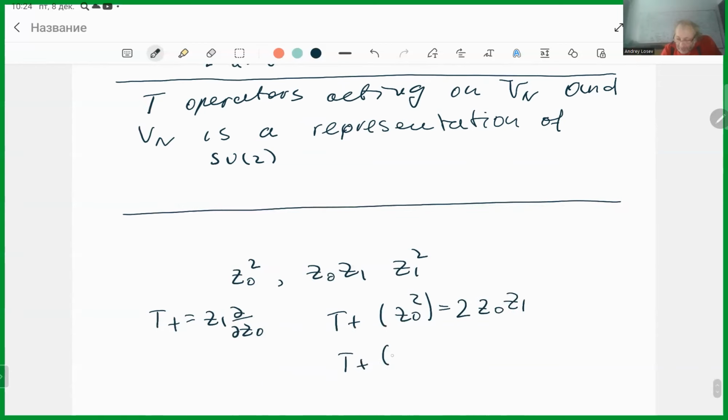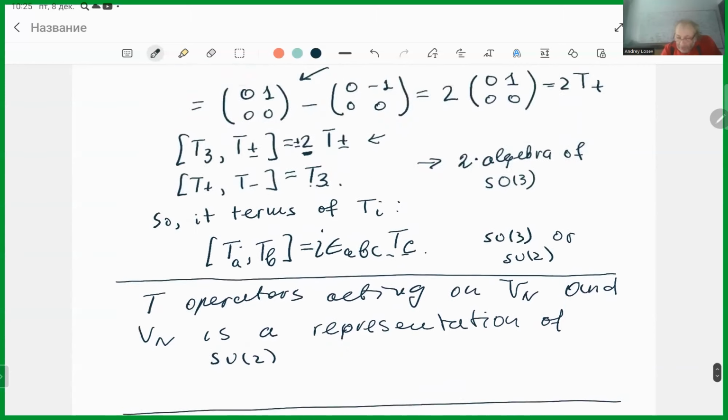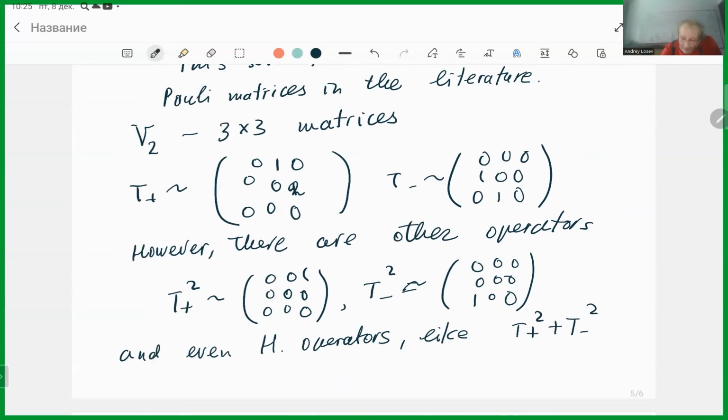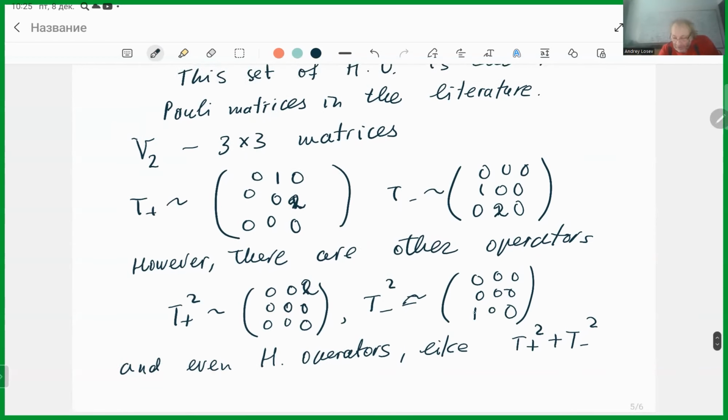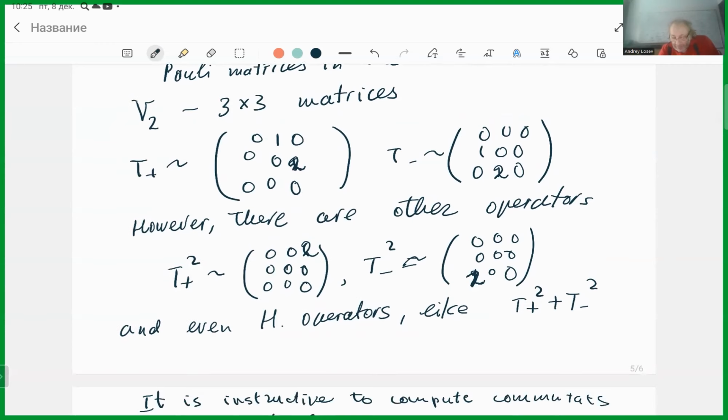T plus applied to Z naught Z1 was Z1 square. So actually, there is a coefficient 2 standing here, and similarly there should be a coefficient 2 standing here. So it was not exactly the form of these matrices that I was going to show.